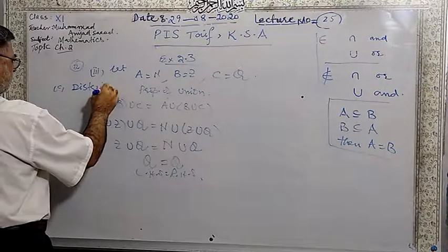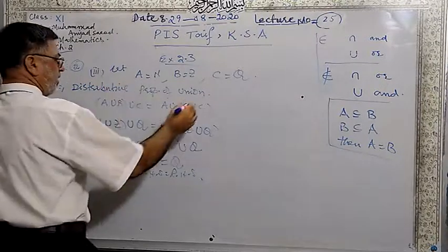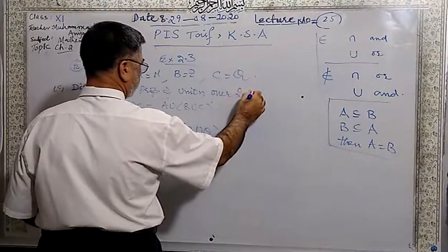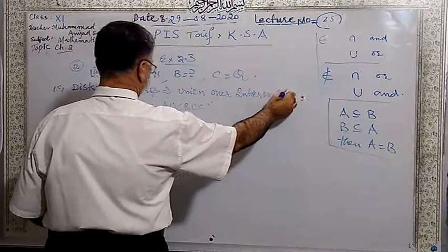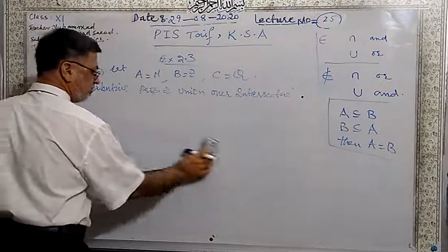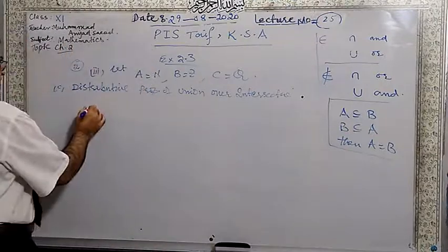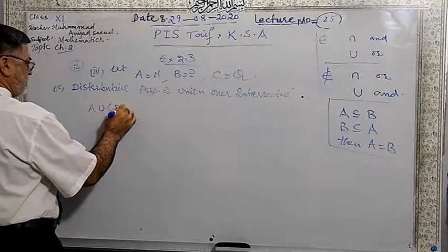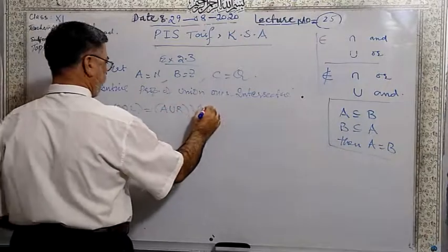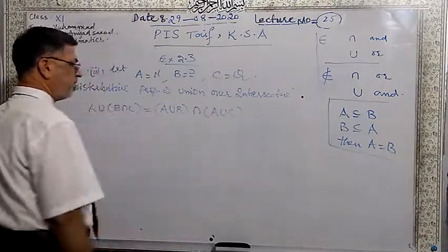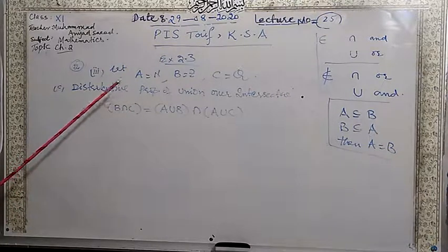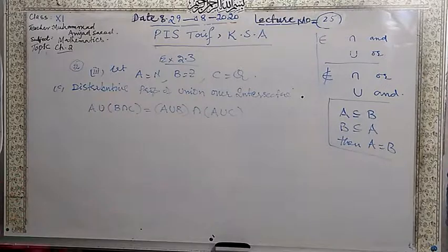This will be A union B intersection C equals A union B, intersection A union C. Distributive property of union over intersection: A union B, then intersection A union C.